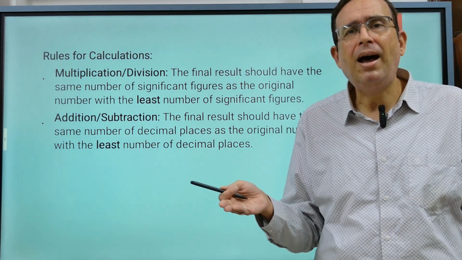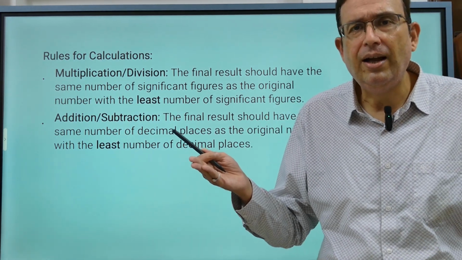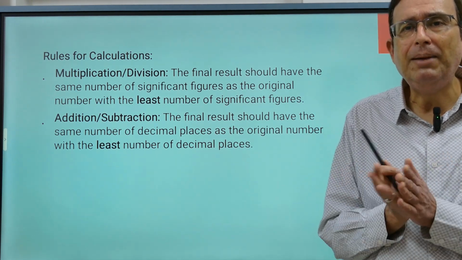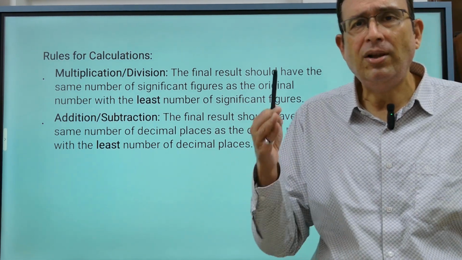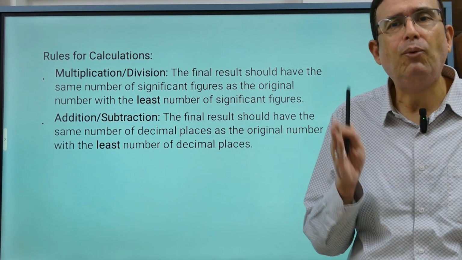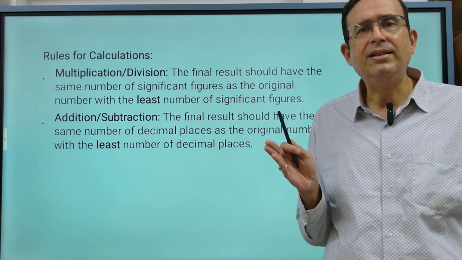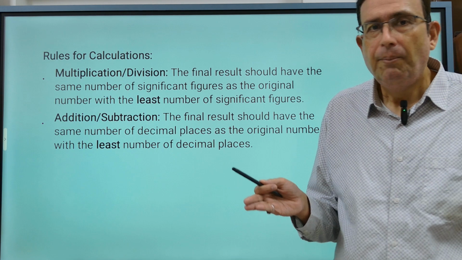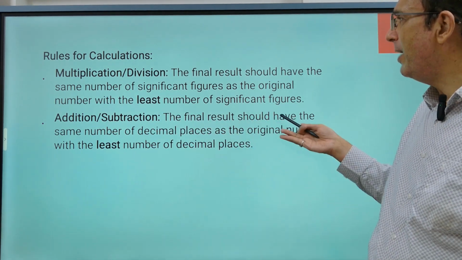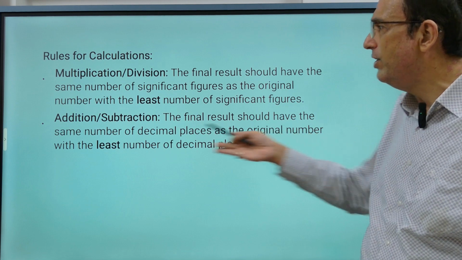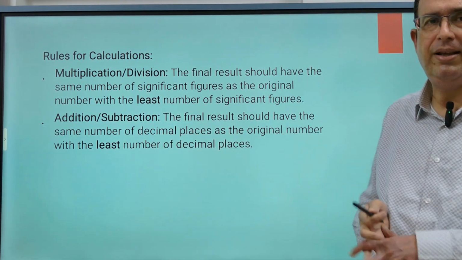For example, the mass has 2 significant figures and the acceleration has 4 significant figures. So when you multiply them and express your result for the force, the force should have only 2 significant figures, because the mass has the least number of significant figures. But when you are talking about addition and subtraction, the final result should have the same number of decimal places as the original number with the least number of decimal places.